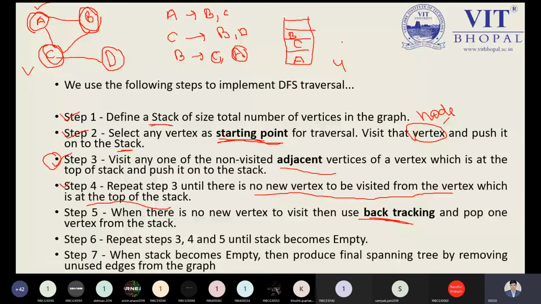So what is the flow I'm following? A, and then C, then I go to B, and then I need to apply backtracking.